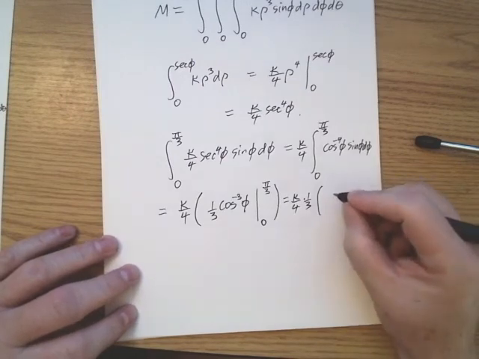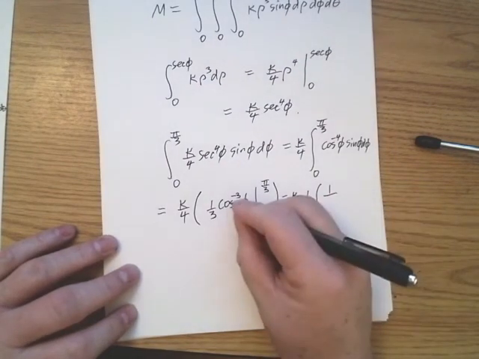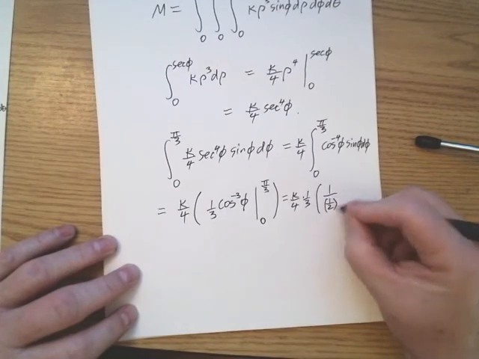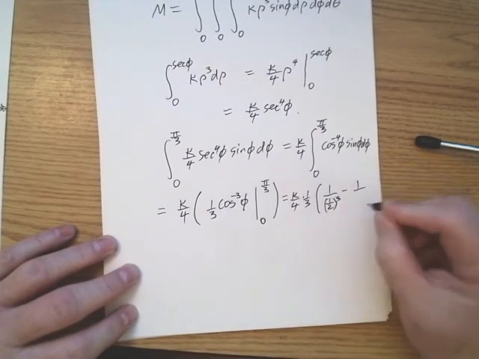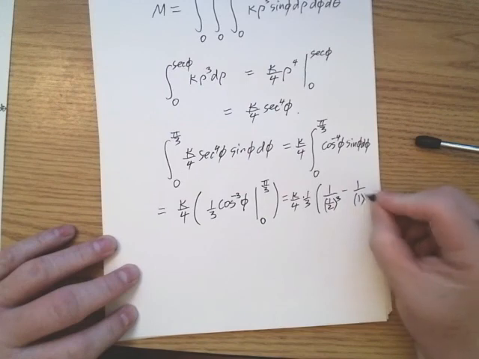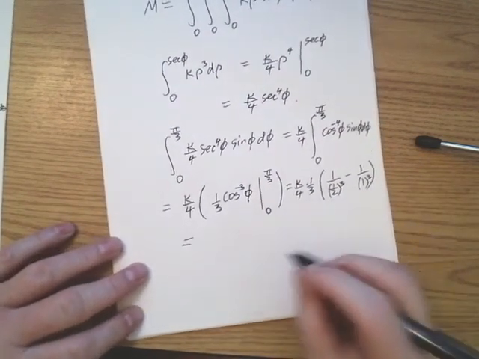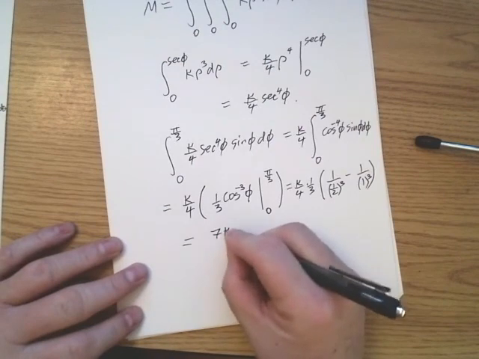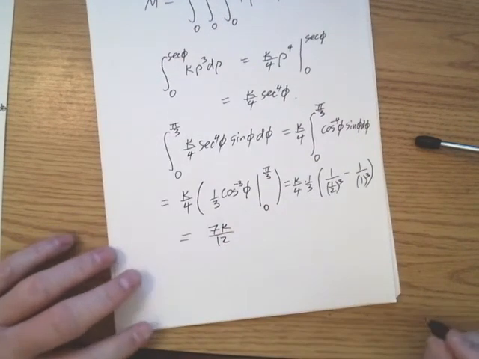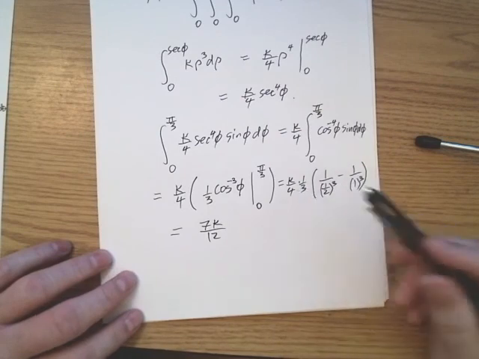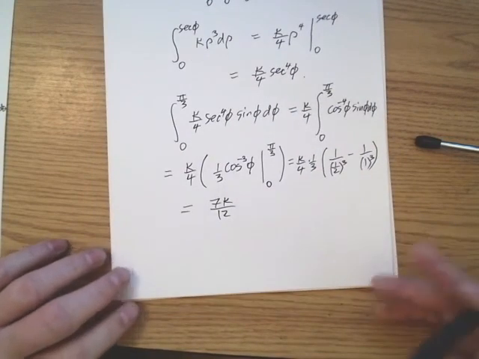So I've really got 1 over, because it's the minus power, a half cubed, and then minus at 0, that's over 1 cubed. So it looks like I get 8 minus 1 is 7, so I get 7/12 of k.